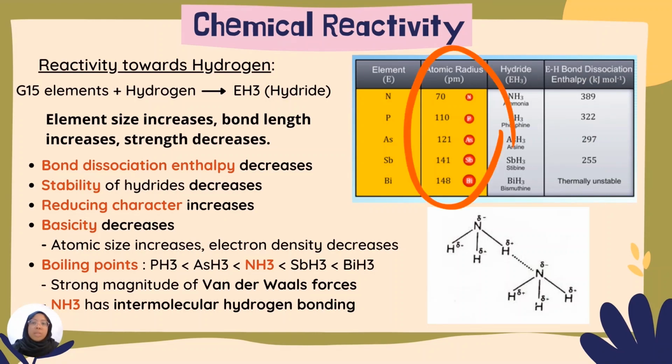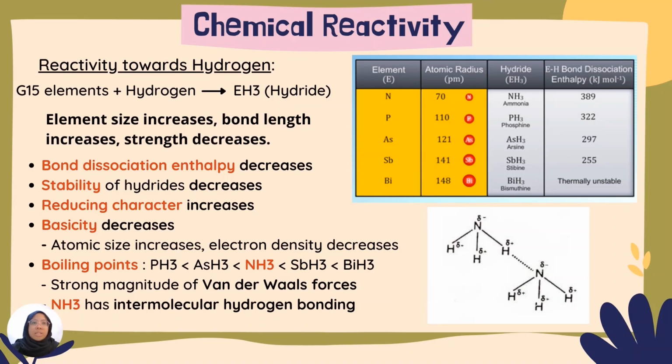Going down the group, there is a gradual increase in the atomic size. So the electron density on the central atom decreases as the size is getting bigger and bigger. So the electron density will be spread around the surrounding, not like ammonia, in which the electron density is consolidated in a small space.